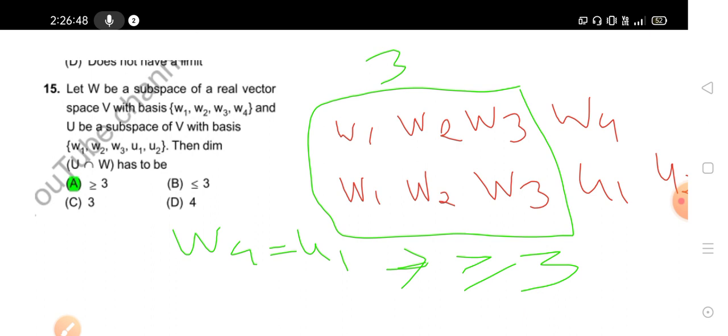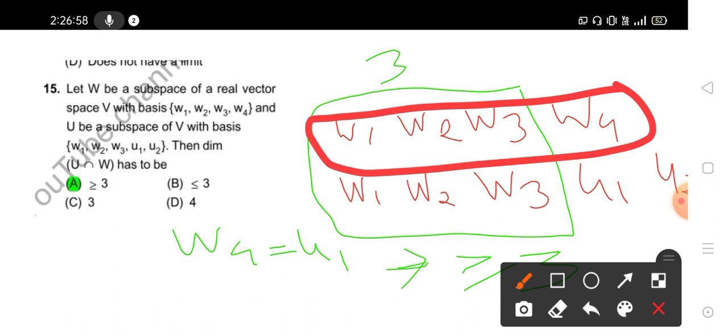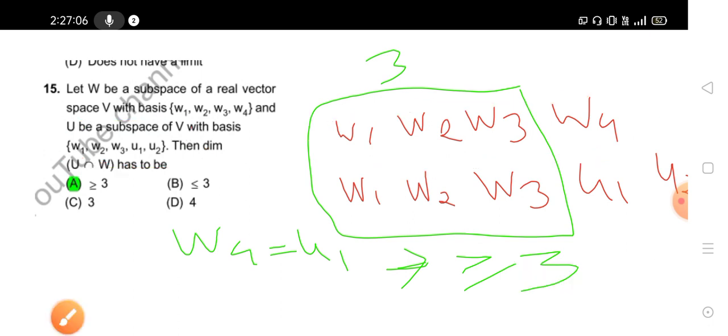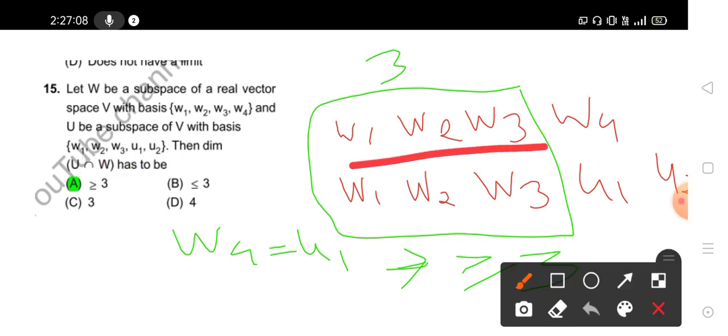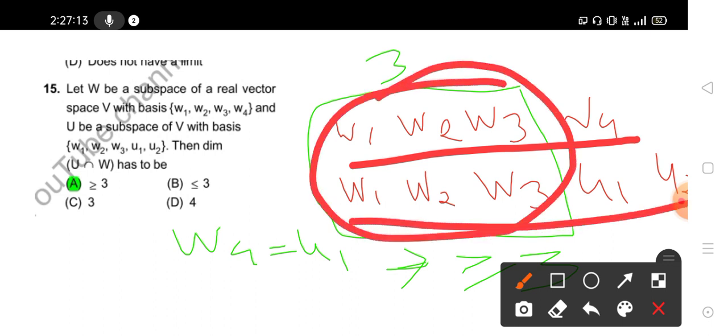Let W be a subspace of a real vector space V with basis W1, W2, W3, W4. And U is the subspace of V with basis W1, W2, W3, U1, U2. Then the dimension of U intersection W. Here W1 to W3 are common, and U1, U2 are extra. Therefore the intersection dimension is greater than or equal to 3, and less than or equal to 3 is not possible.